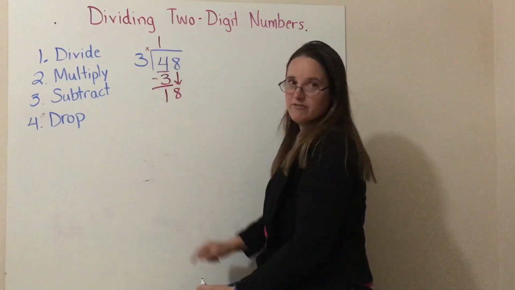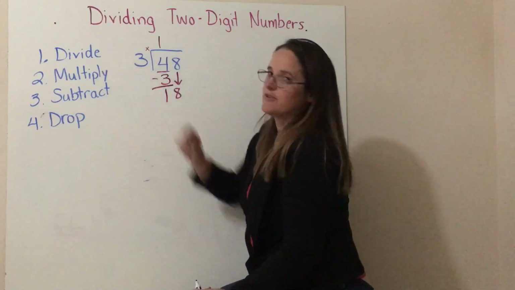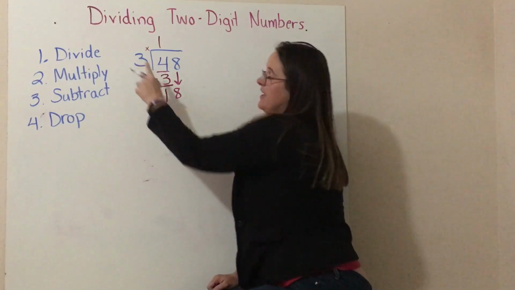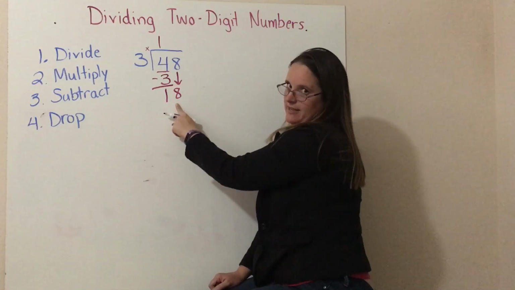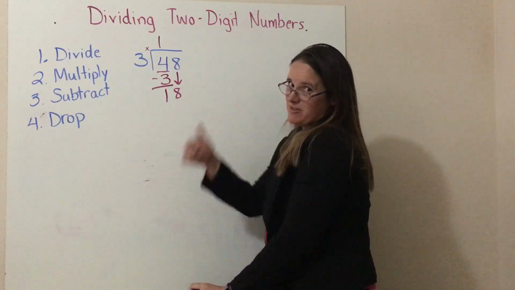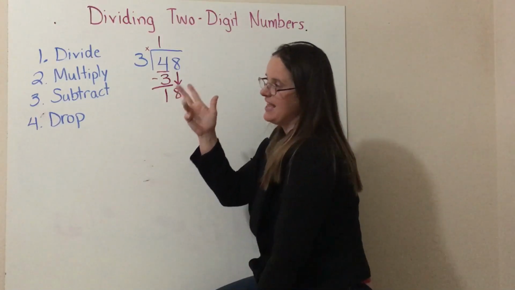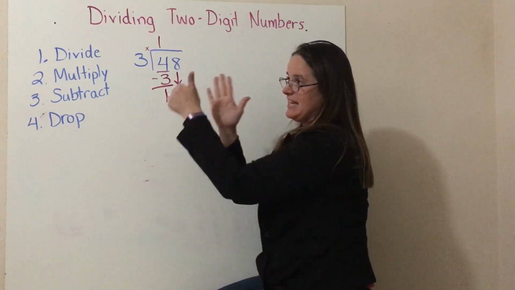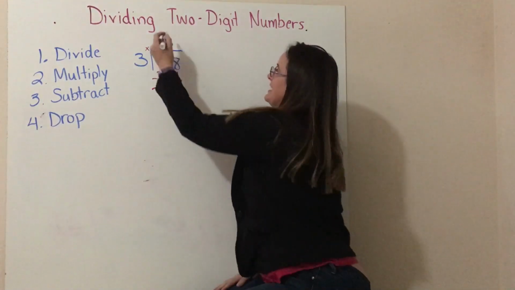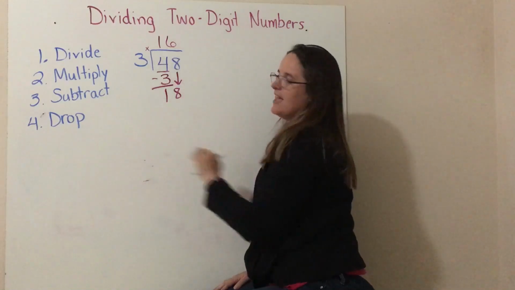Now I've gone through all 4 steps. I'm going to start over with divide. How many times does 3 go into 18? I could draw the picture, but I could also count by 3s. 3, 6, 9, 12, 15, 18. 3 goes into 18 exactly 6 times.